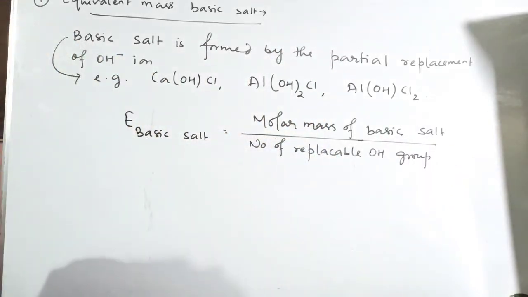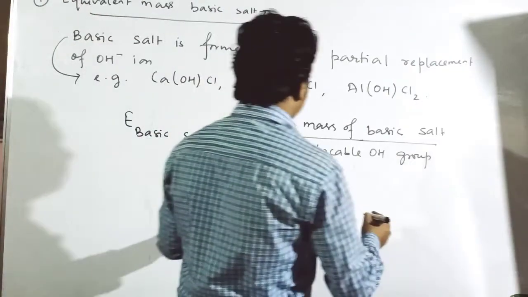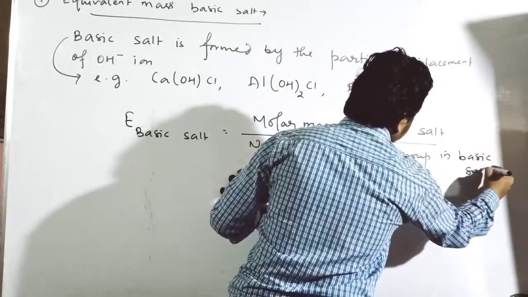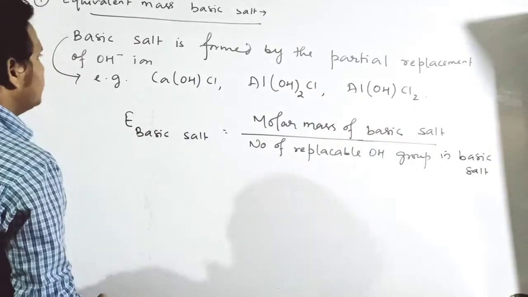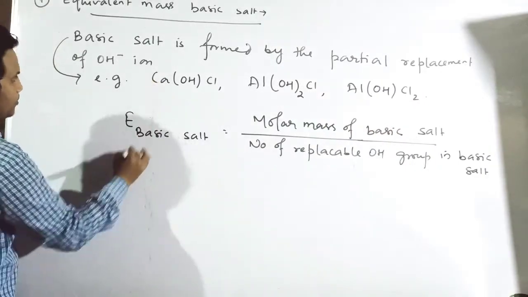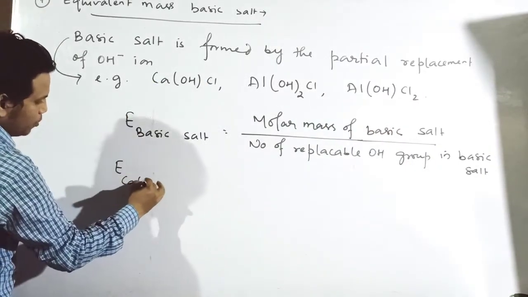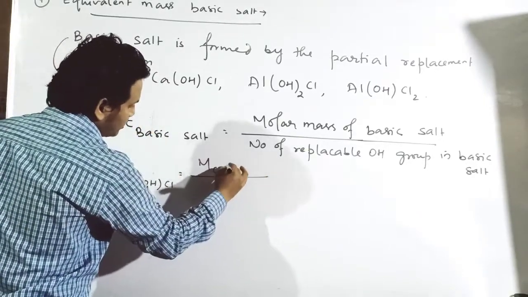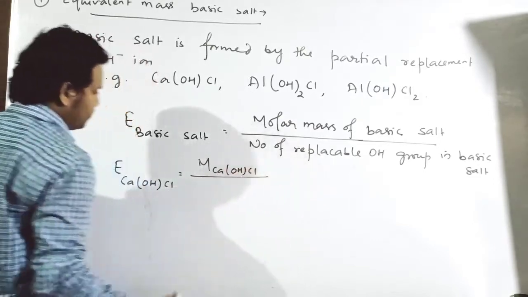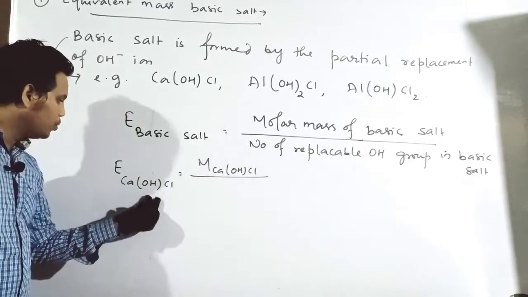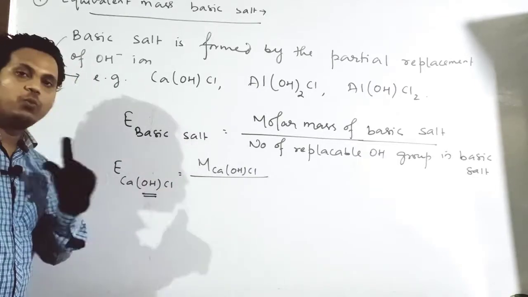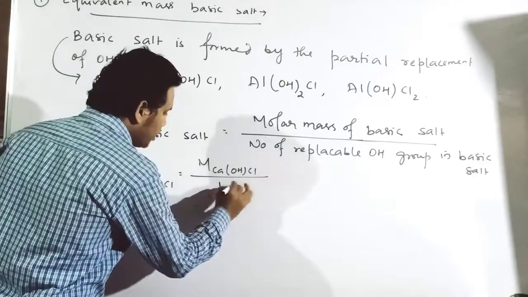How many replaceable OH groups are present in the basic salt? For example, what will be the equivalent mass of calcium OH Cl? Molar mass of calcium OH Cl divided by how many replaceable OH groups are still present? One. Still one OH group is present, so divided by 1.